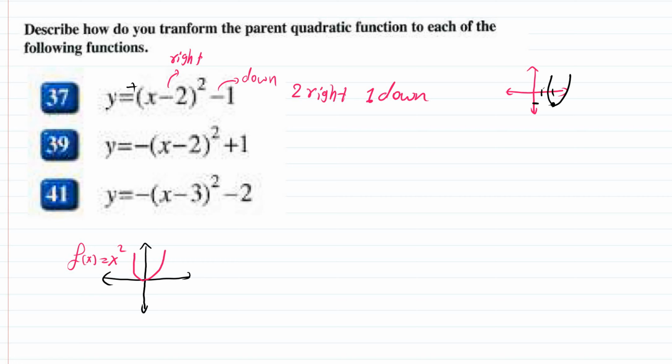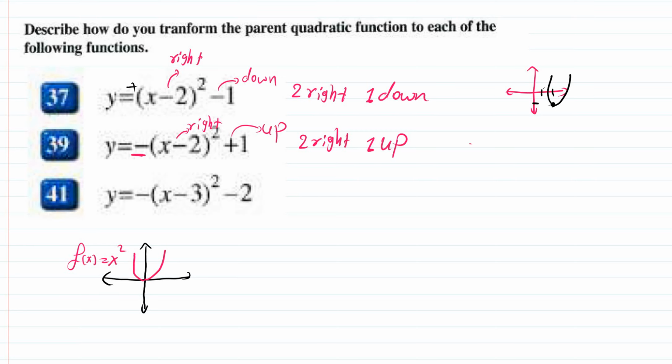Question 39, students, I have a negative in front of the bracket. Be careful. So this negative inside again will take us to the right. True. And how about this positive? It will take us up. So it's going to be 2 right and 1 up.